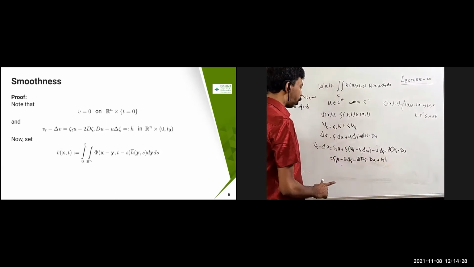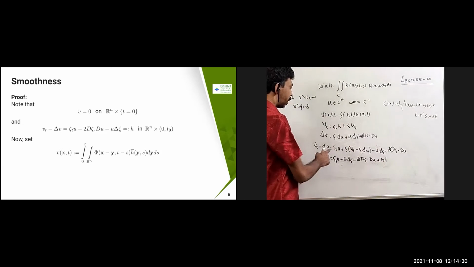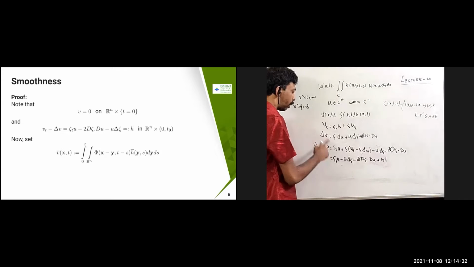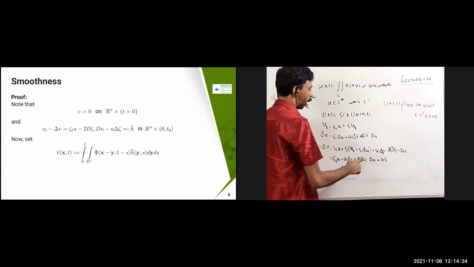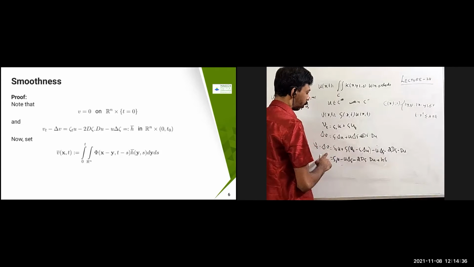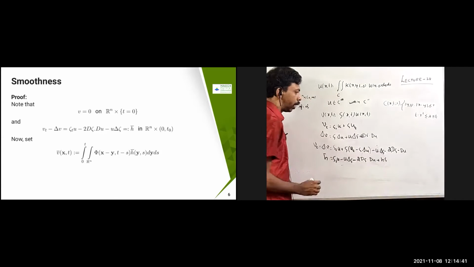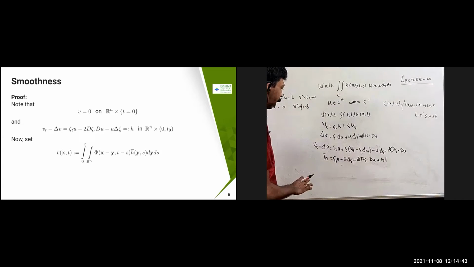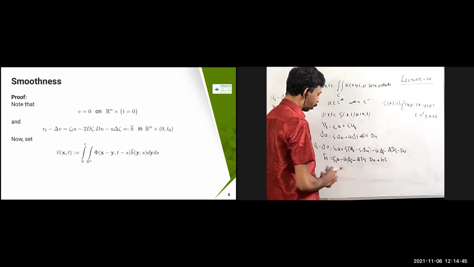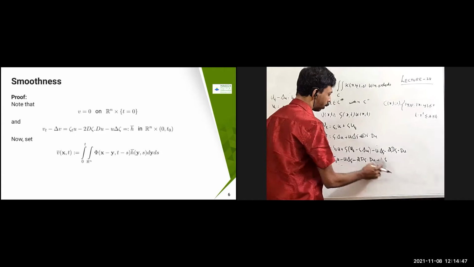So what I'm going to do is that I want this to satisfy some function. I'm just going to call it h bar. So I'm going to define v_t minus Δv equal to h bar, including this h.